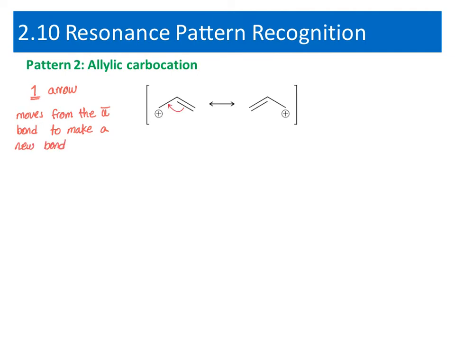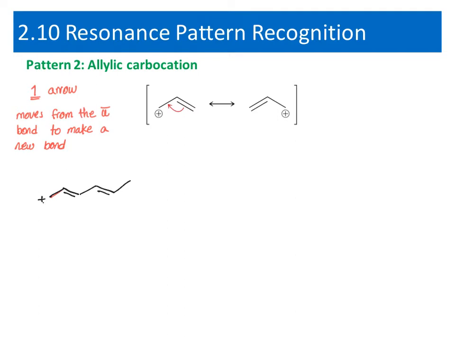Okay, so as you can see here, we have a pi bond that moves here to make a new pi bond, and then we need to calculate formal charges. This carbon gets +1 charge. So a good example here can be a structure like this.